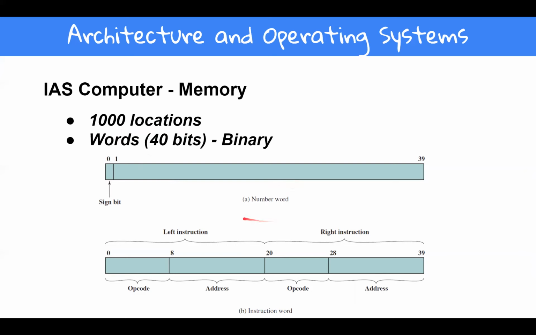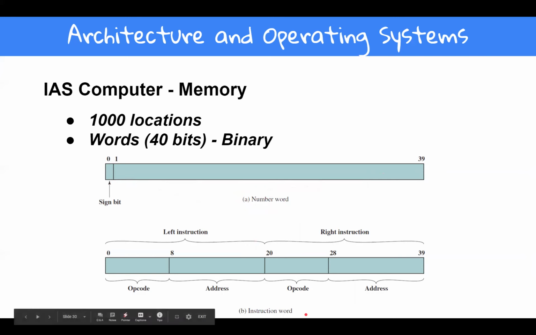We've got two types of words. A word is the length of the memory location that they used. The number word has the first bit showing the sign of the number and the rest for the magnitude. So it used sign magnitude. This is for storing the number.